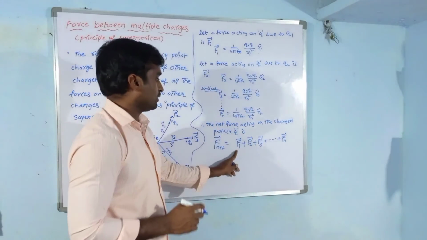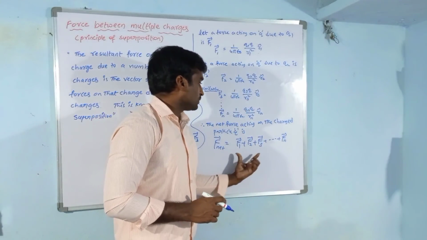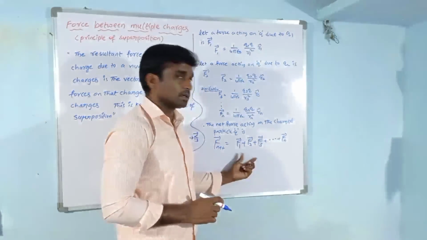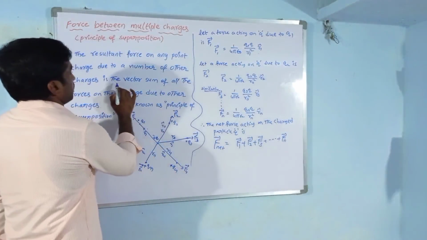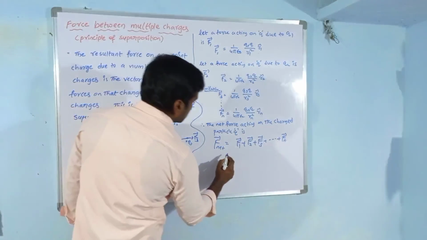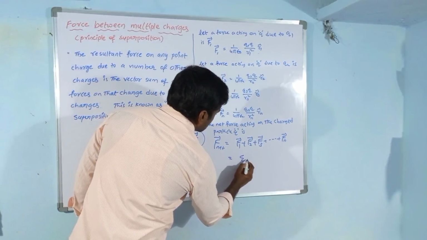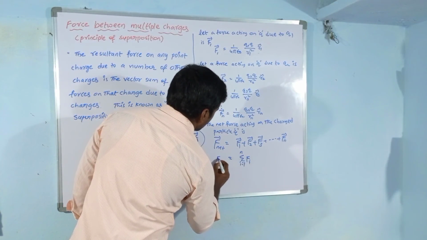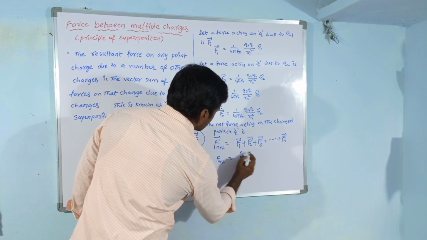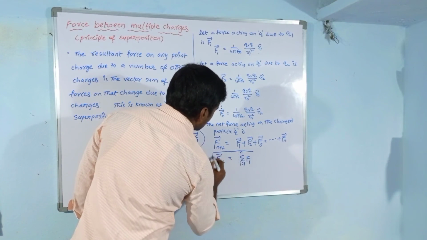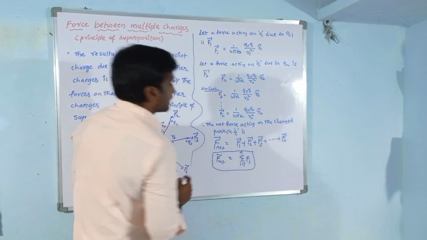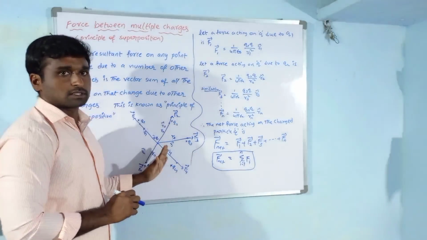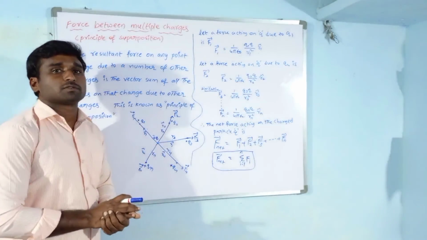These are vectors, so this is the vector sum of all the forces. We can simply write this as the summation from i equals 1 to n of Fi. This is the resultant force acting on charged particle Q due to other charged particles. This is the principle of superposition.